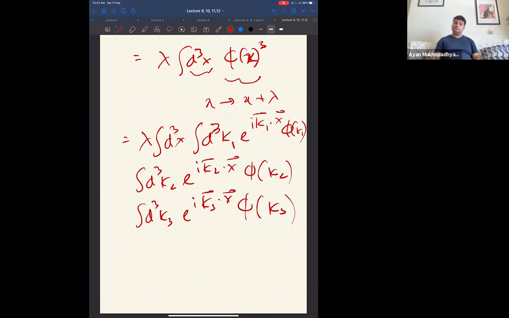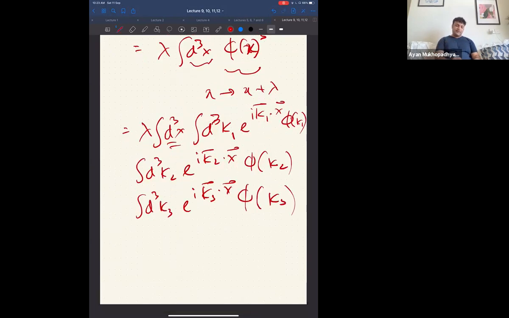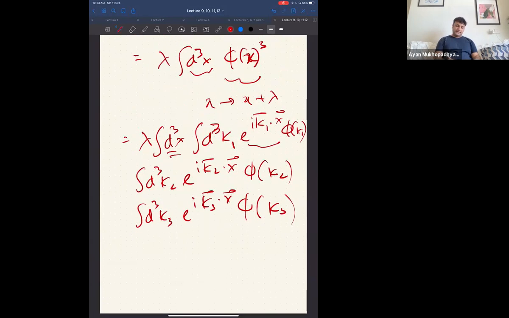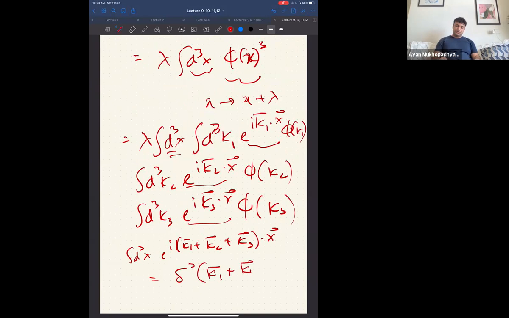All right. But then there is an integration over x, right? Which I can do first. If I do the integration over x, I have to integrate this, this, and this, right? So I have to integrate d cube x e to the power i (k1 plus k2 plus k3) dot x. And this integration gives me delta cube (k1 plus k2 plus k3), right?